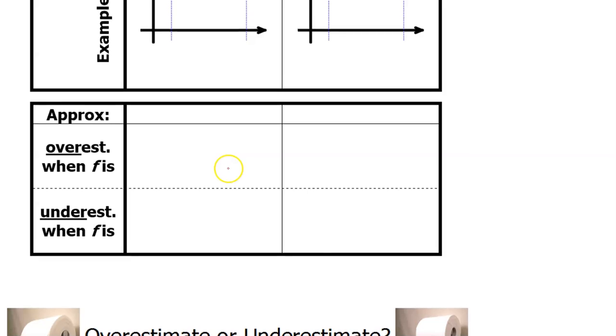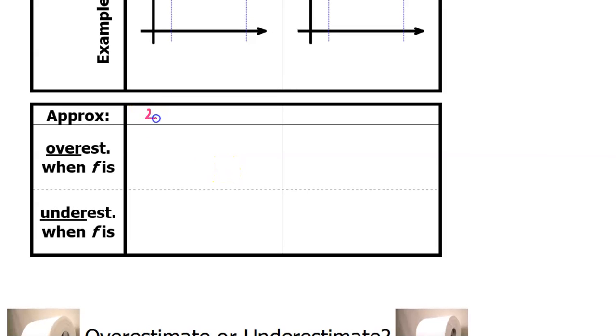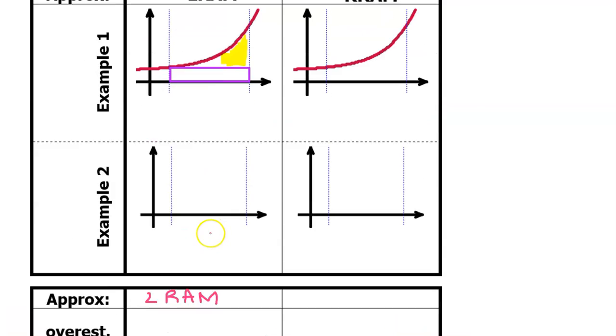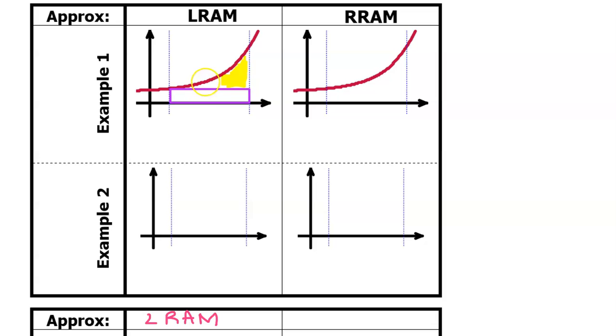So let's drop down here. We're talking about LRAM. It gives you an underestimate when the function is increasing. Okay, let's draw a function that is decreasing and see the difference. So here's a function that is decreasing.